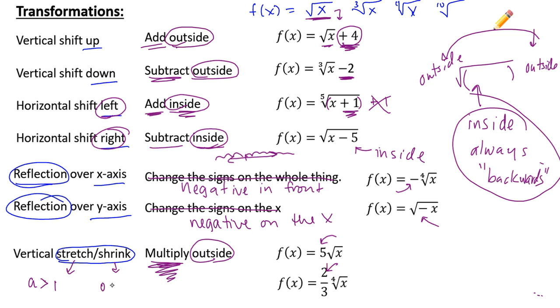And it's a shrink if it's a fraction between 0 and 1. So this right here, 5 is greater than 1, so that would be a stretch. This number right here, 2/3, that's less than 1, greater than 0, that would be a shrink. And those are all the different transformations we can make.